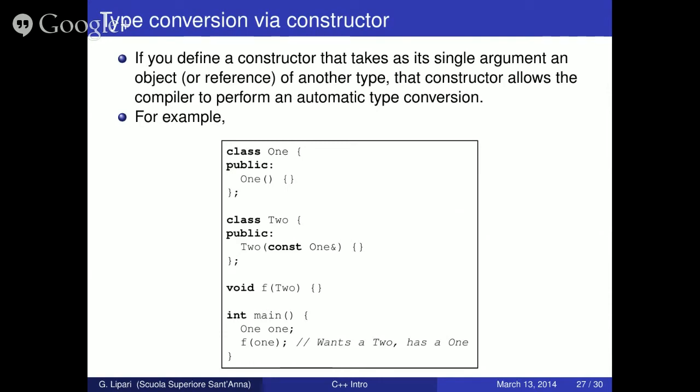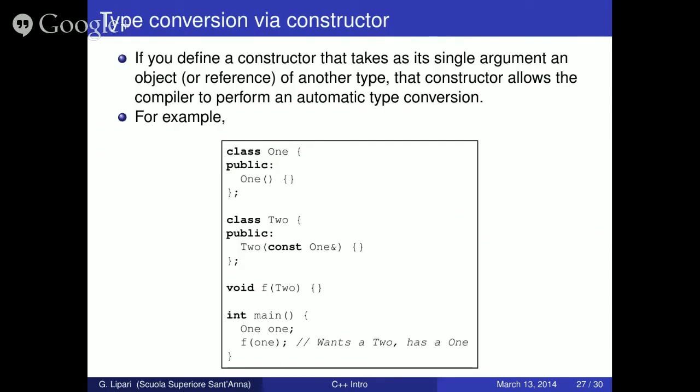And then you have class 2, which takes in the constructor a reference to an object of type const 1. And then suppose you have a function which takes as an argument an object of type 2. Be careful, an object, not a reference, an object. Okay? Then in the main you have an object of type 1 and you call f of 1.